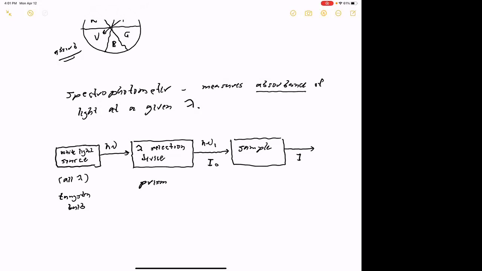It's the same wavelength as I had coming in, but the intensity is different because now presumably the sample has absorbed some of the light, right? So the intensity coming out is going to be less than the intensity coming in. That makes sense. That's what absorption of light is all about. Now what I'm going to do is place on this side something called a detector.